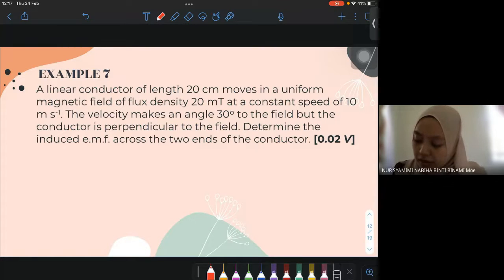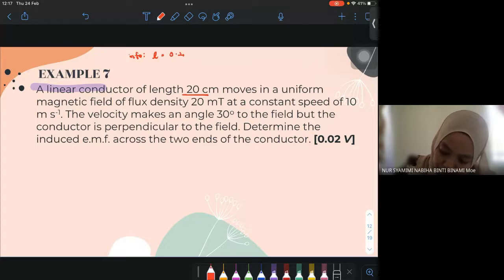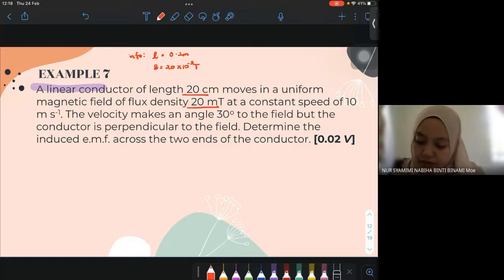So, dia adalah induced EMF of a linear conductor. We know that we have the info here. The first one kita ada length 0.2 meter. Uniform magnetic flux density, so this is B, 20 millitesla. Okay, so kalau kamu keliru, kamu tengok unit ni apa.